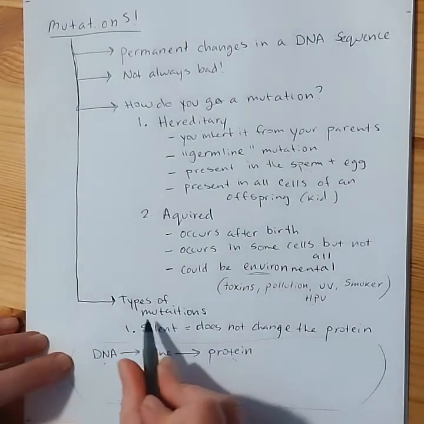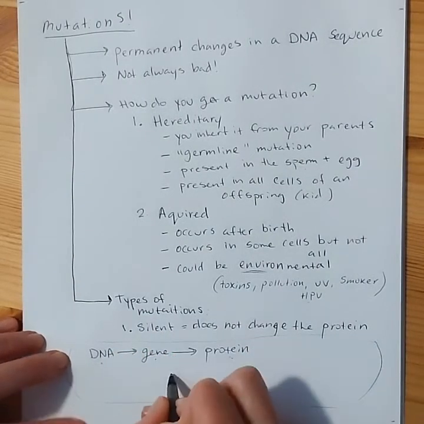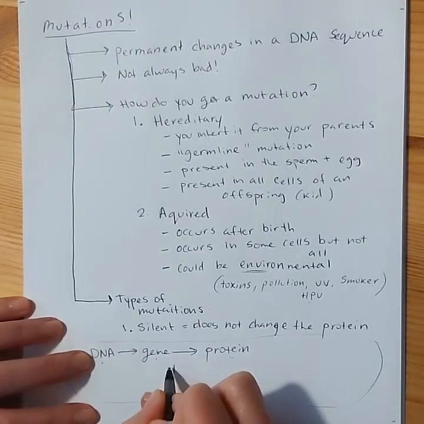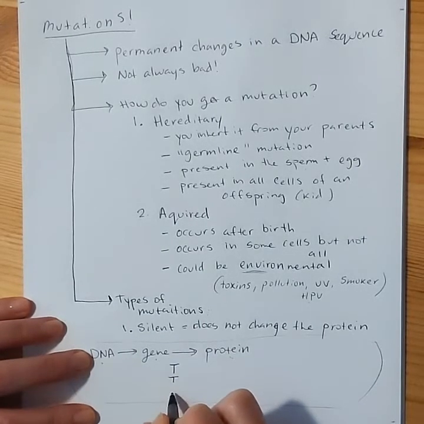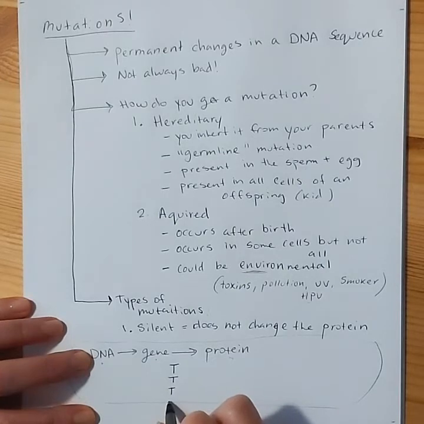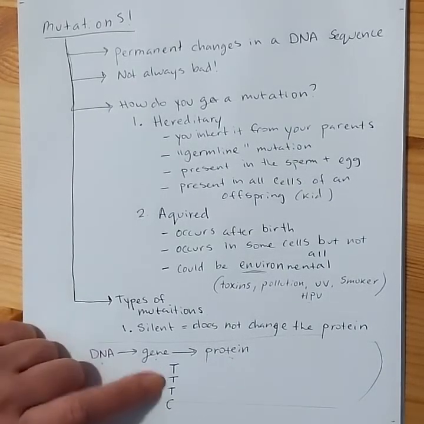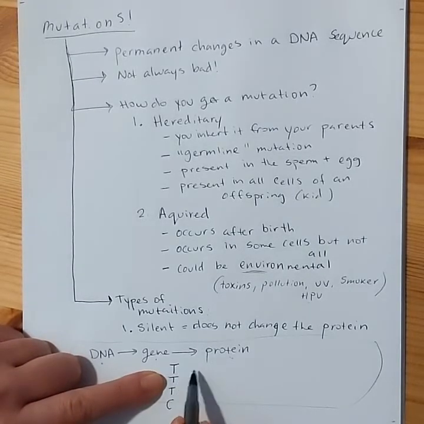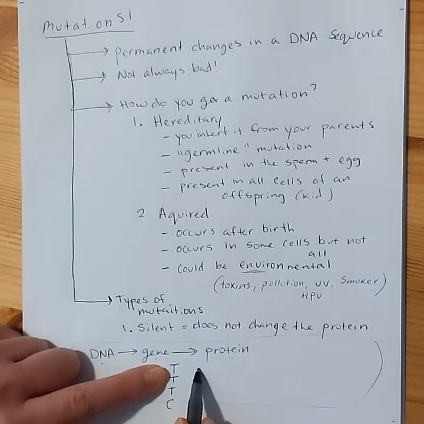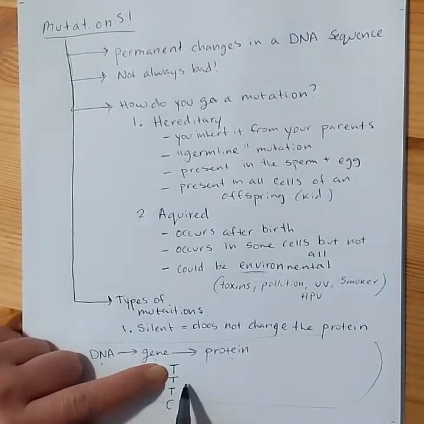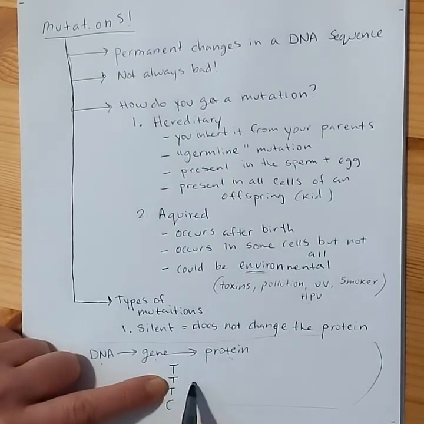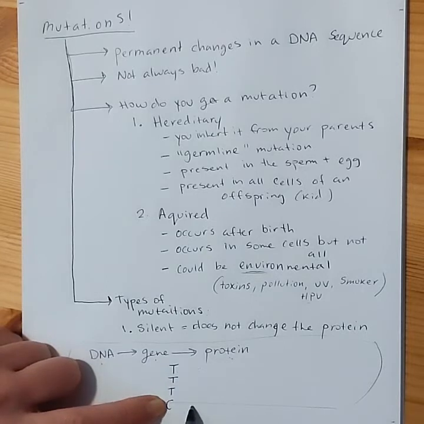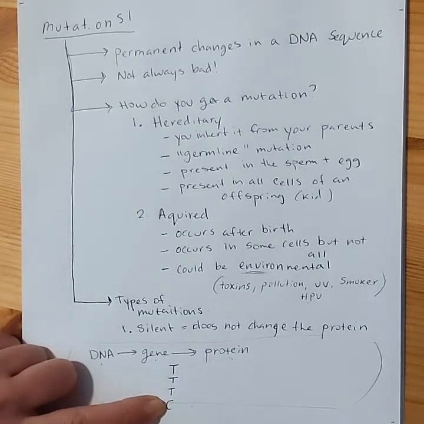What this looks like on our mutation level is if I have a genetic code that's T, T, T, C, okay, I've got this little piece of code. You know what the other complementary pair is. T always binds with what? A. So A, and what does C bind with? G. Fabulous.